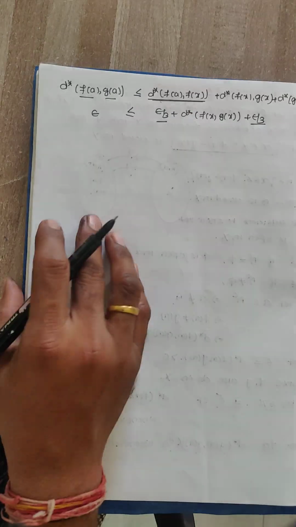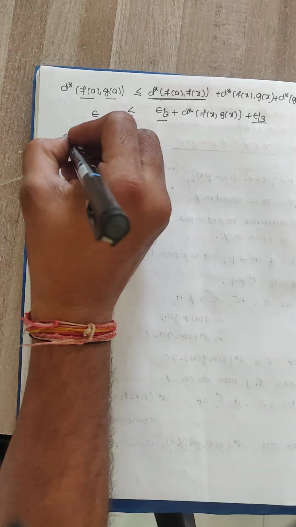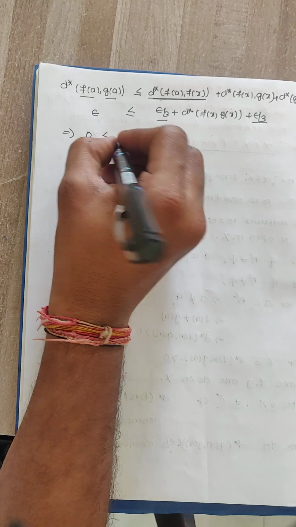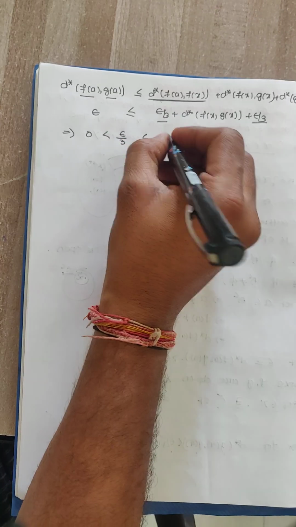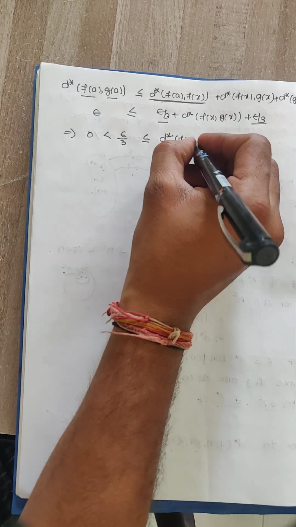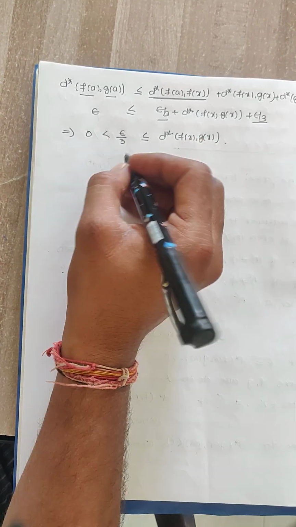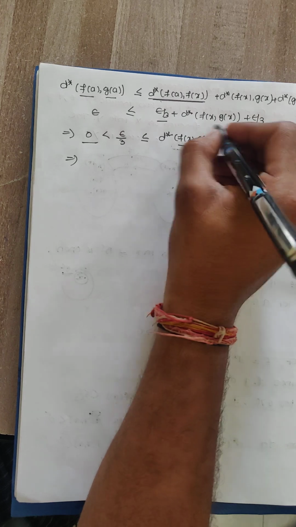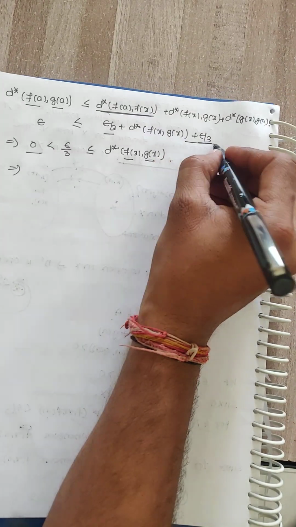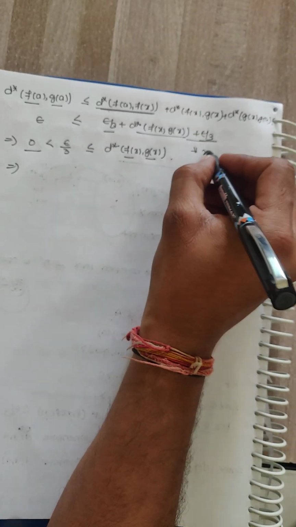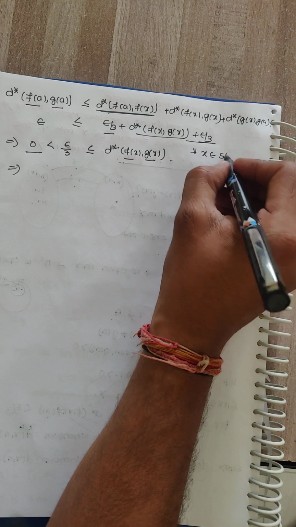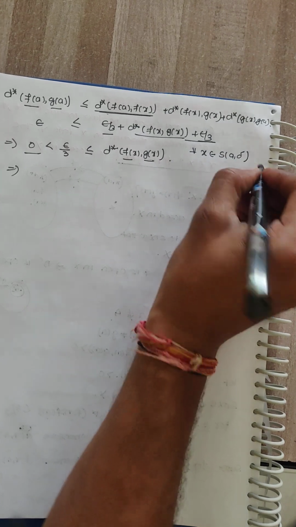So 0 is less than epsilon by 3, which is less than or equal to the distance between f(x) and g(x). So the distance between f(x) and g(x) is strictly positive. This is true for all x belonging to S(a, delta).